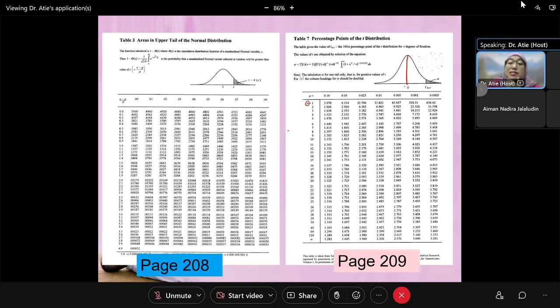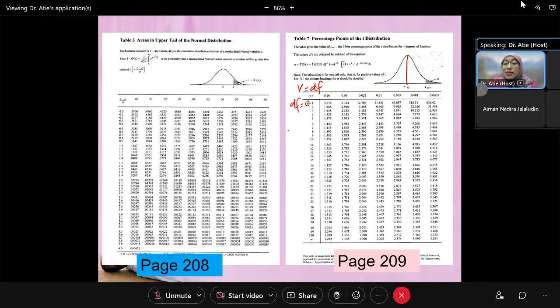Here, the V is actually gamma. This one is actually DF. So then this one is your alpha. So you can just write DF is equal to this one. Remember, the formula for DF is n minus 1.